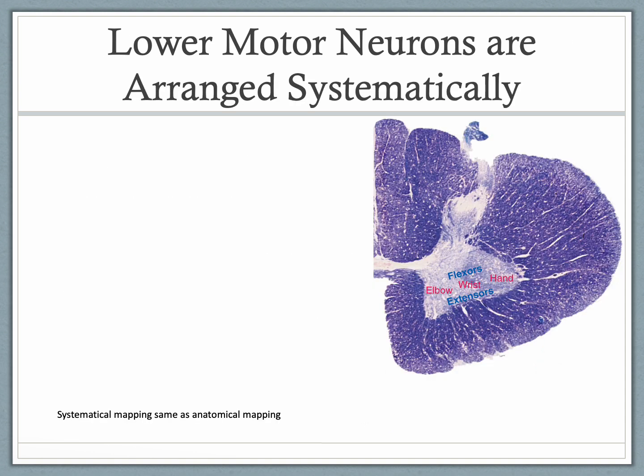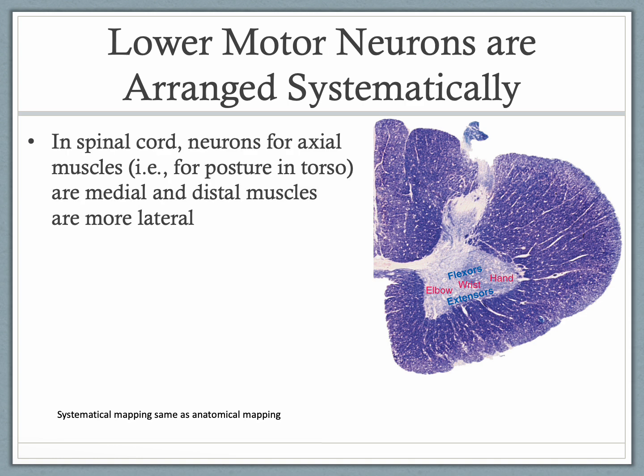Lower motor neurons are arranged systematically. There is a systematic mapping that is the same as anatomical mapping. For example, in the spinal cord, neurons for axial muscles, like posture and torso, are medial, and distal muscles are more lateral.